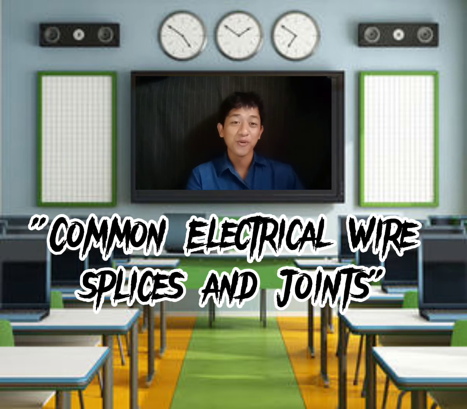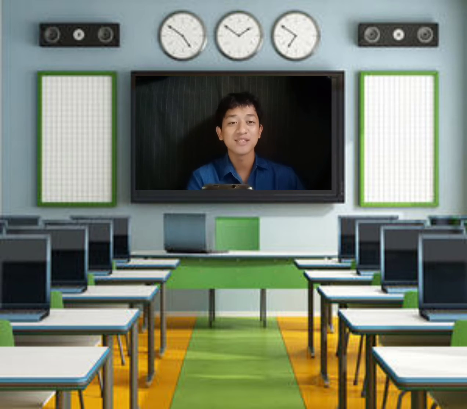at the ends. So, our topic for today's class is common electrical wire splices and joints. So, in electrical installation and maintenance, you should acquire the important knowledge and skills in wire splices and joints, and should be familiar with the actual application of every splice and joint.